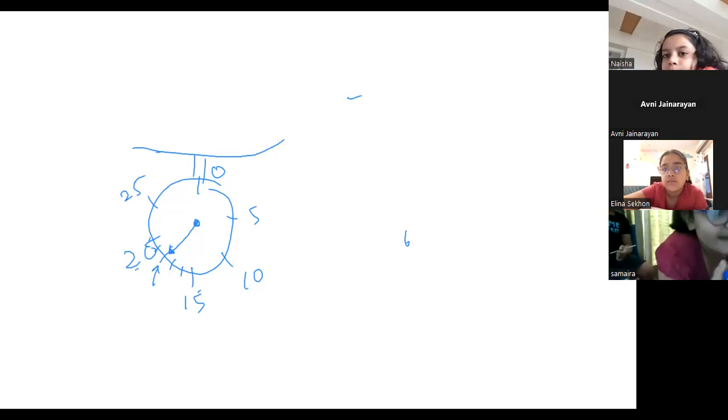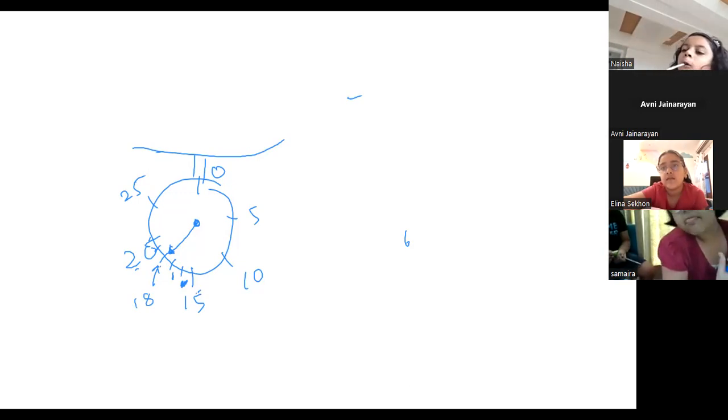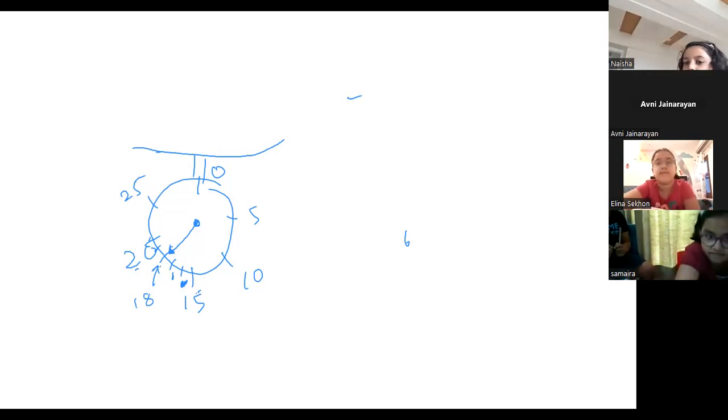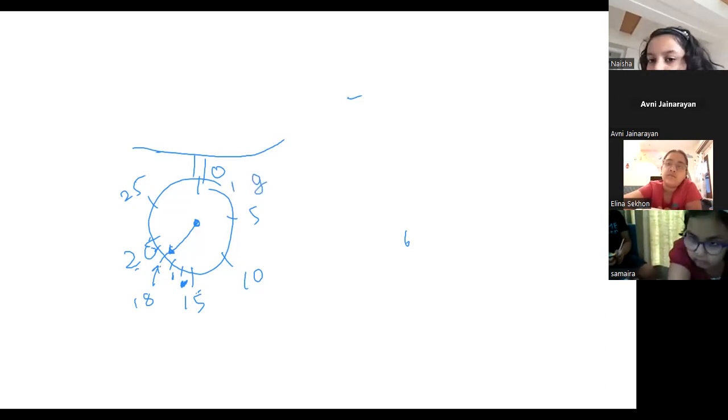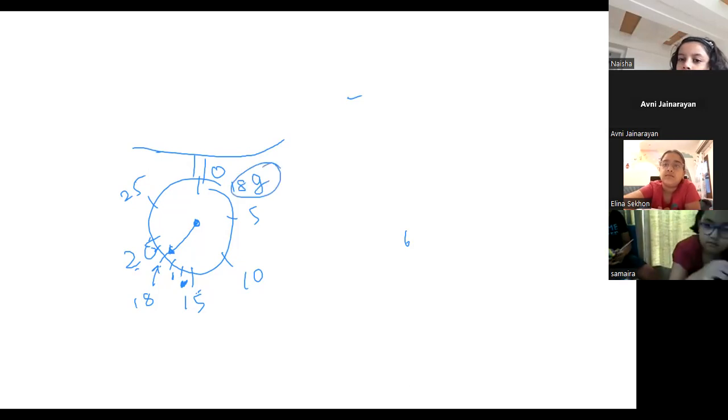So if it is 15, what is this, Elena? 16. Yes, 17 and 18. You always have to see the divisions. Sometimes in steps of 1 hoga, sometimes in steps of 2 hoga. All right. Yes, Kridan, correct. So now we know that whatever object is on this weighing machine, it measures 18 grams.